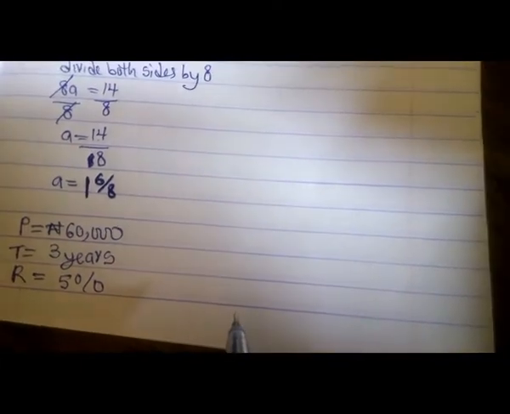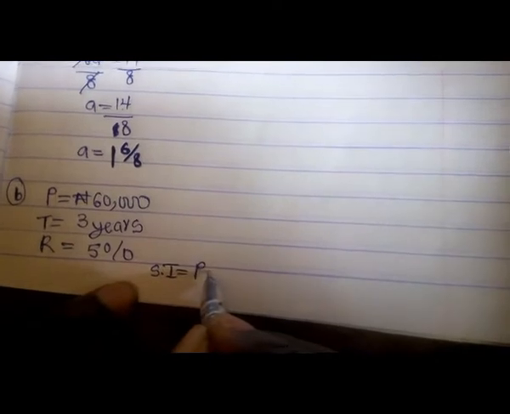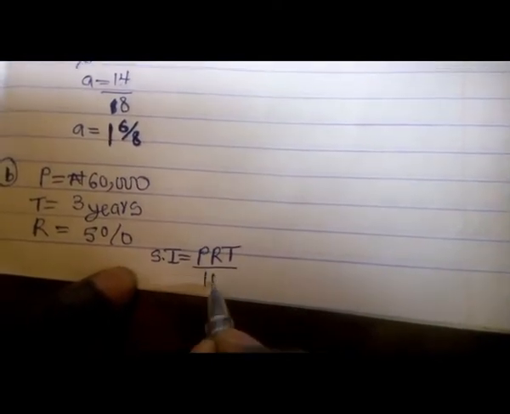Don't forget the formula used to calculate the simple interest: SI equals principal times rate times time over 100.